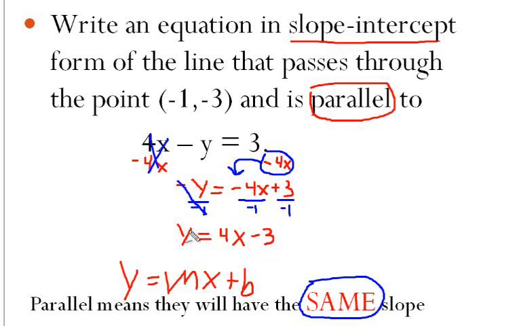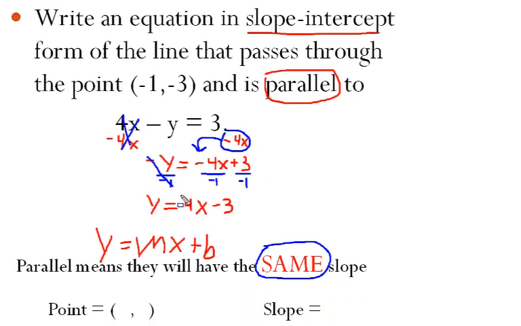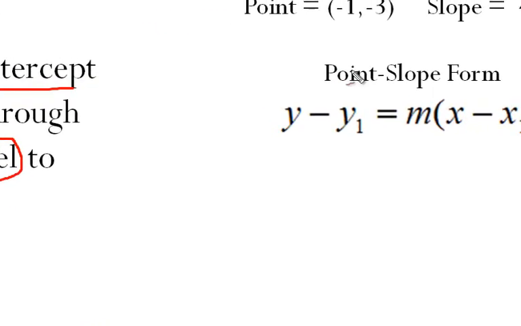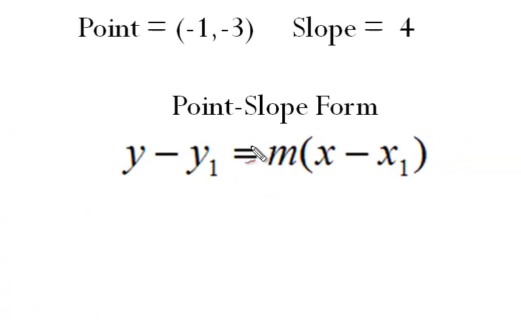Alright, so now I can see my slope, and my slope is 4. My slope is 4, and it needs to go through the point -1, -3. So now you should know that we're going to use point slope form.